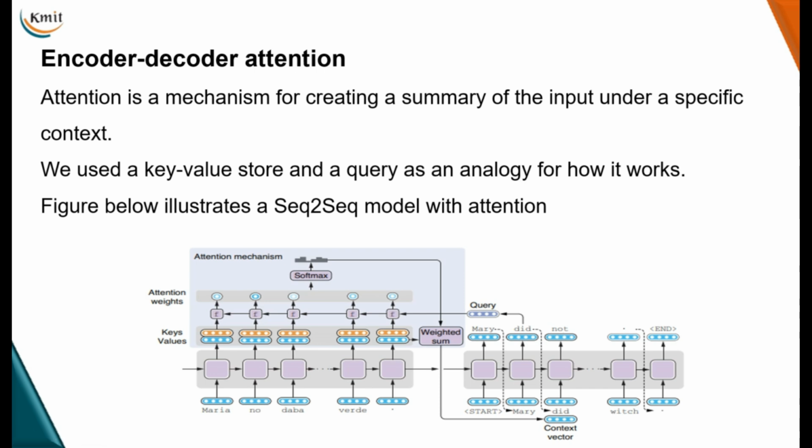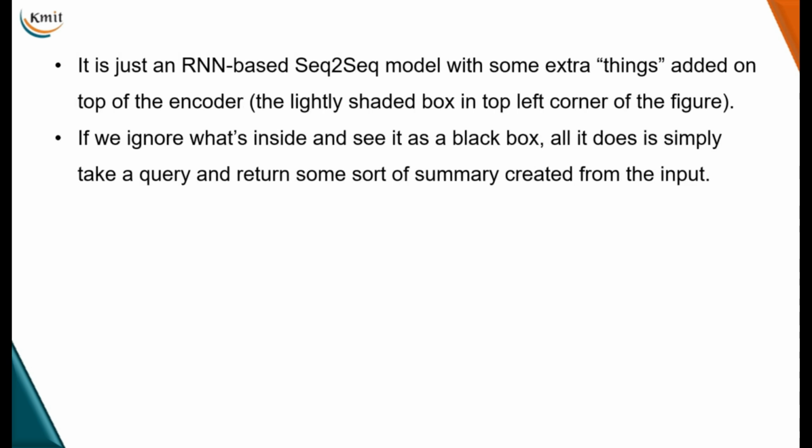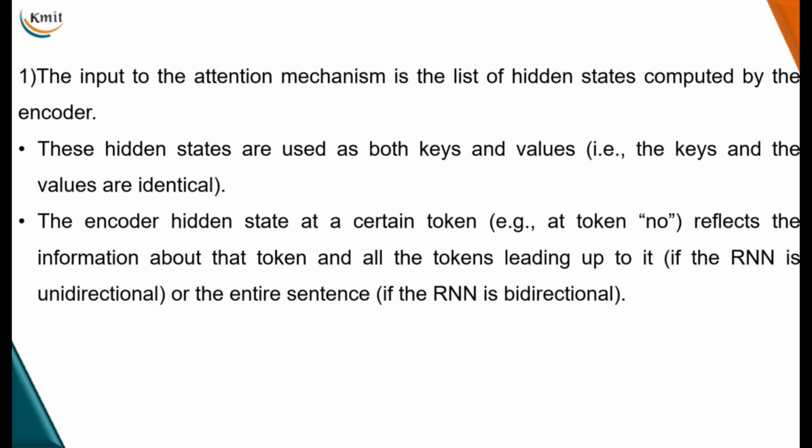As you can see, the only change that we have made is onto the encoder block, where we have attached the attention mechanism blocks. So it is just an RNN based sequence to sequence model with some extra things added on top of the encoder. If you ignore what's inside and see it as a black box, all it does is simply take a query and return some sort of summary created from the input.